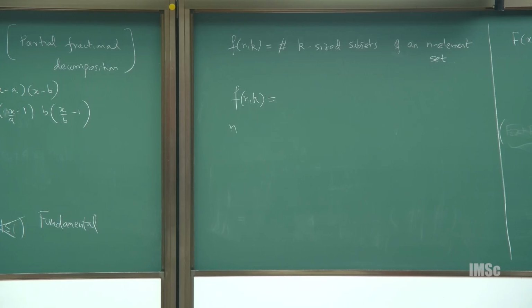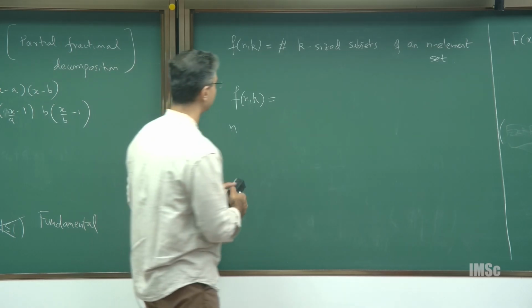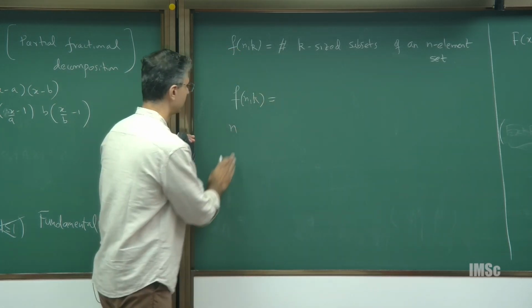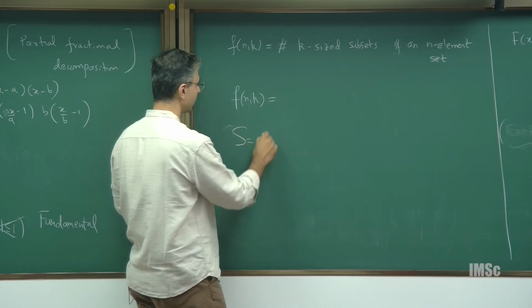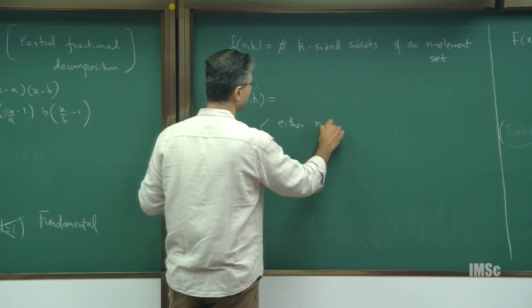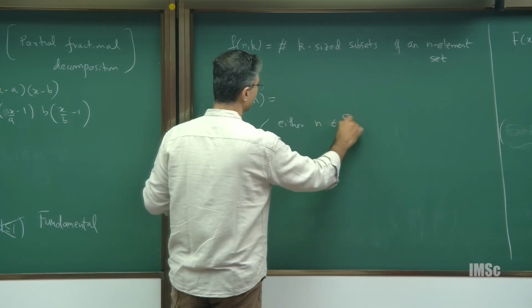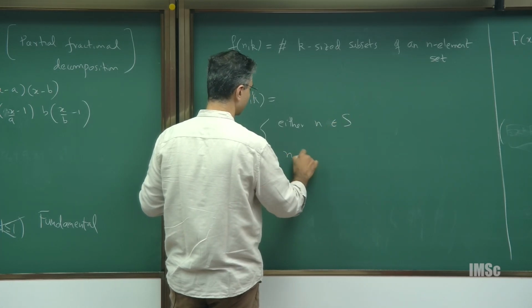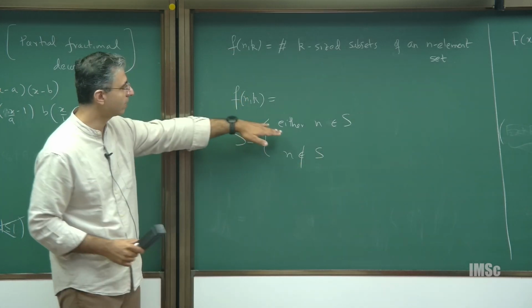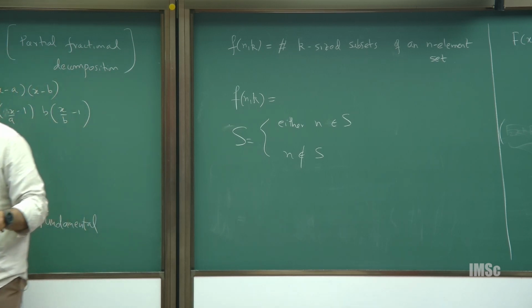How many possibilities are there if it contains the last element? Right. So, your set S has 2 forms, either n is in S or n is not in S, right. So, if n is in your set of size k, then how many possibilities are there?